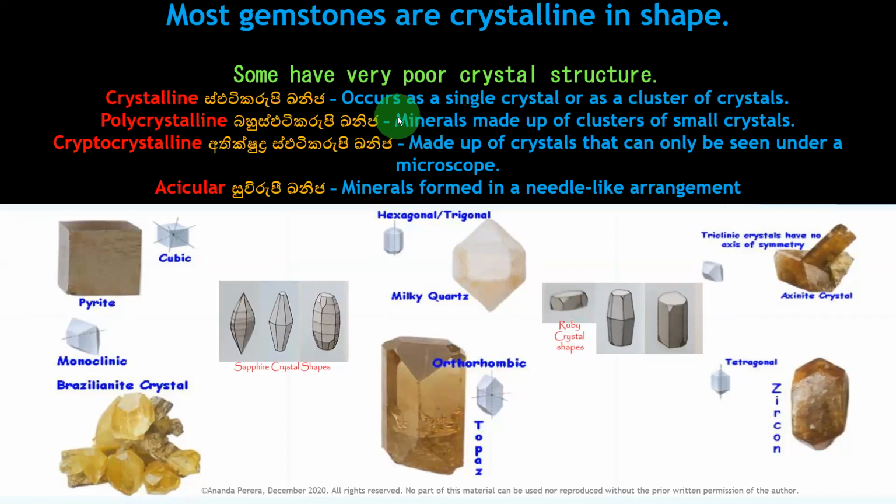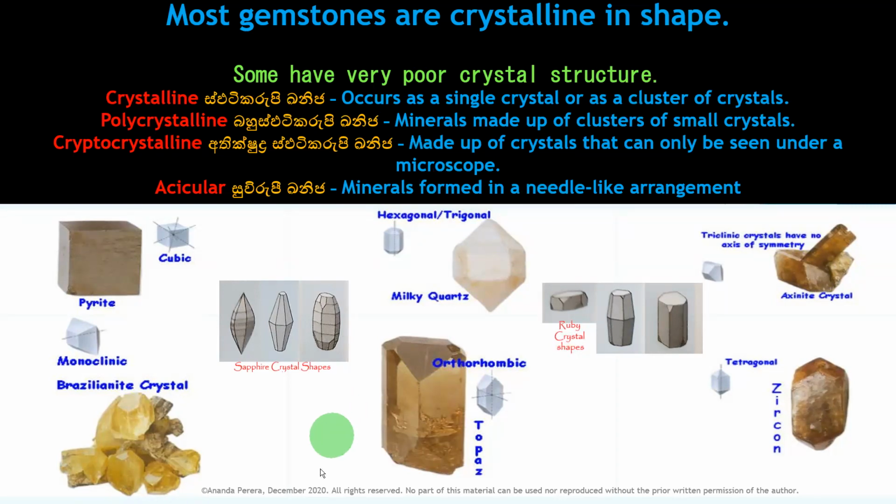Crystalline means occurs as a single crystal or as a cluster of crystals. Polycrystalline means minerals made up of clusters of small crystals. Cryptocrystalline means made up of crystals that can only be seen under a microscope. Acicular means minerals formed in a needle-like arrangement.